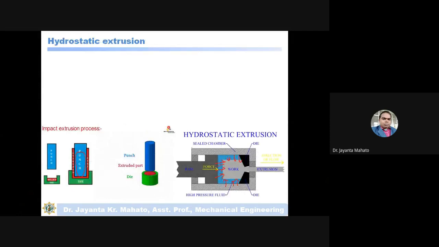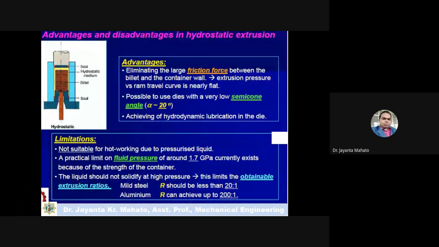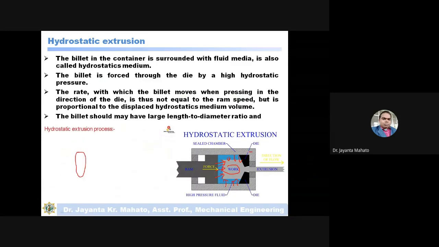So this is actually hydrostatic extrusion. Now, some advantages of hydrostatic extrusion. In this case, the large frictional force is eliminated. How will the frictional force be eliminated? In this case, a liquid media is used, so there is no contact between the billet material and this part of the die.